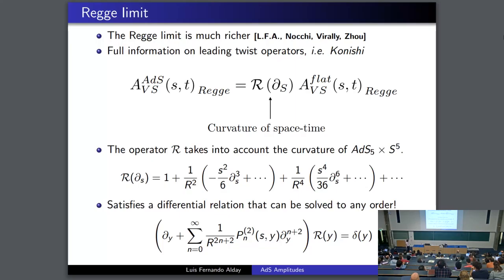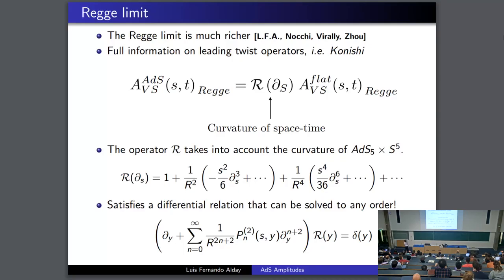And what we find is that in the Regge limit, we can obtain a formula to all orders in 1 over R, where this formula is this differential operator acting on the Regge limit of the usual flat space Virasoro-Shapiro amplitude.